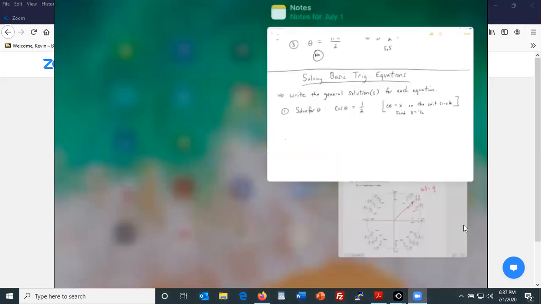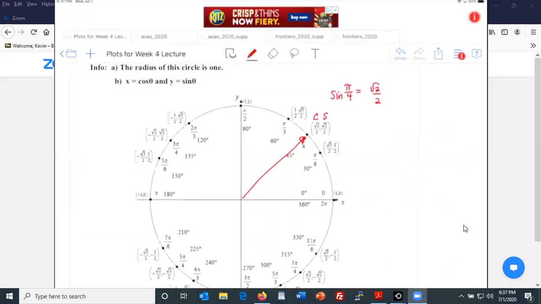All right, let's switch. Here we go. All right. So where is the x value a half? So remember, cosine is what we're looking for. So it's the x values where they are positive 1/2, just positive 1/2. So I see one right here, but we want the angle. So theta would be pi over 3. Now, could you write 60 degrees down?